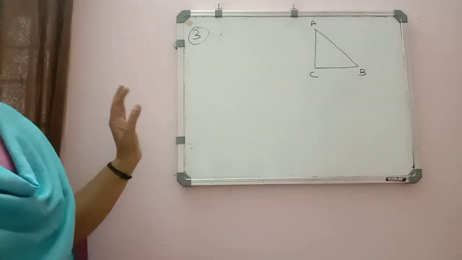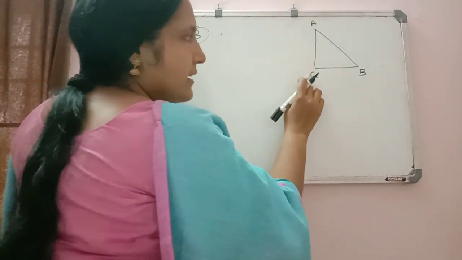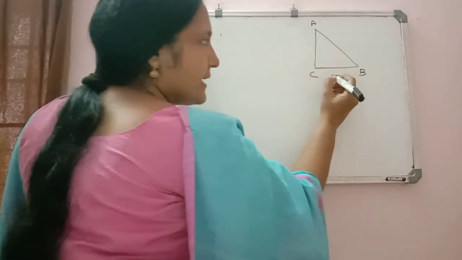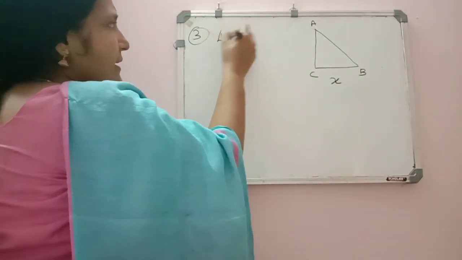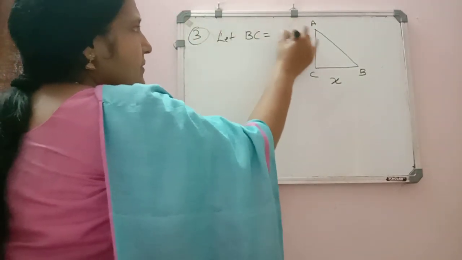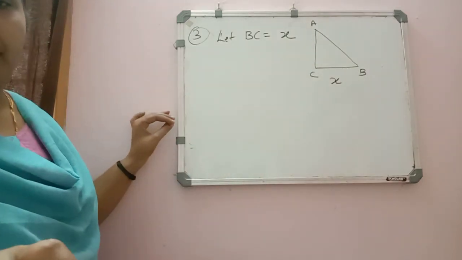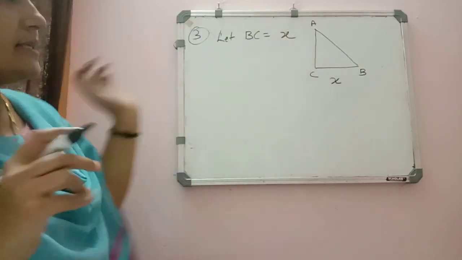And the shortest side we will take as x. So suppose at present in the diagram I am taking the shortest side as BC. So we will take the shortest side as x. So here we will write: let BC is equal to x. Now it was given the hypotenuse. In the diagram we can check, the hypotenuse is AB.